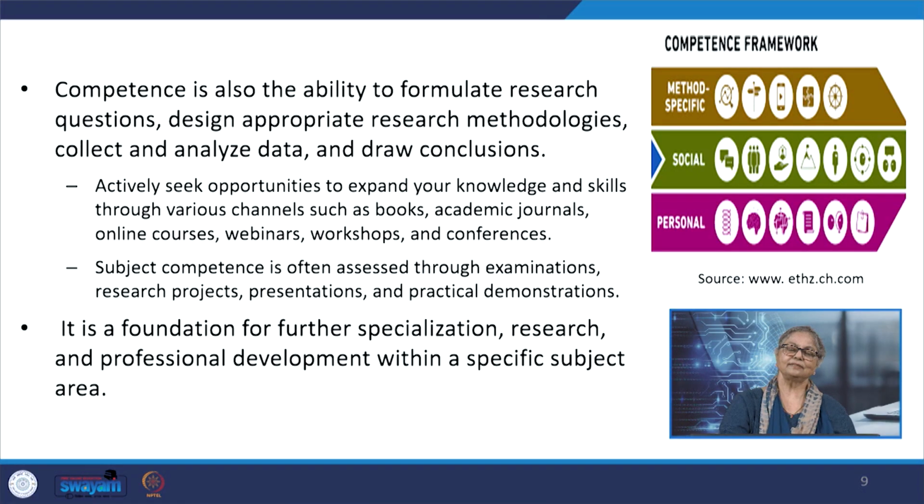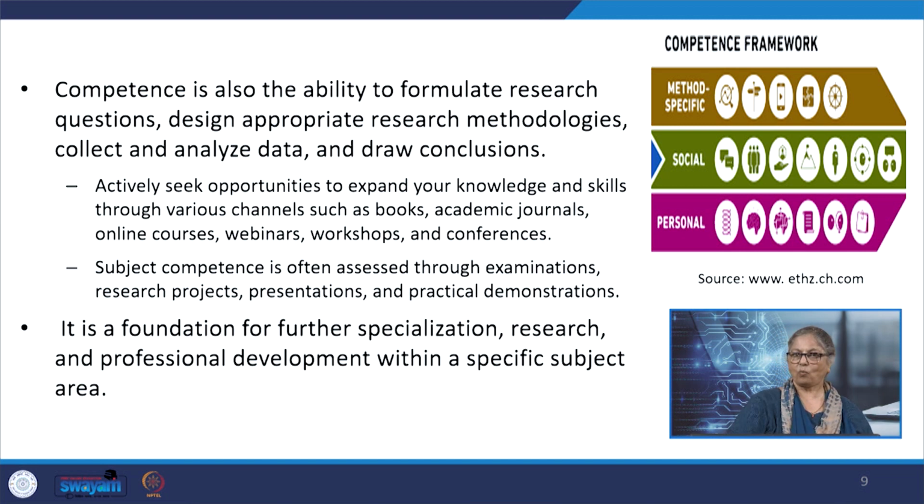So, competence is also the ability to formulate research questions, to design appropriate research methodologies, collect and analyze data, and draw conclusions. It is a foundation for further specialization, research, and professional development within a specific subject area, particularly when we talk about actively seeking opportunities to expand our knowledge and skills through various channels.